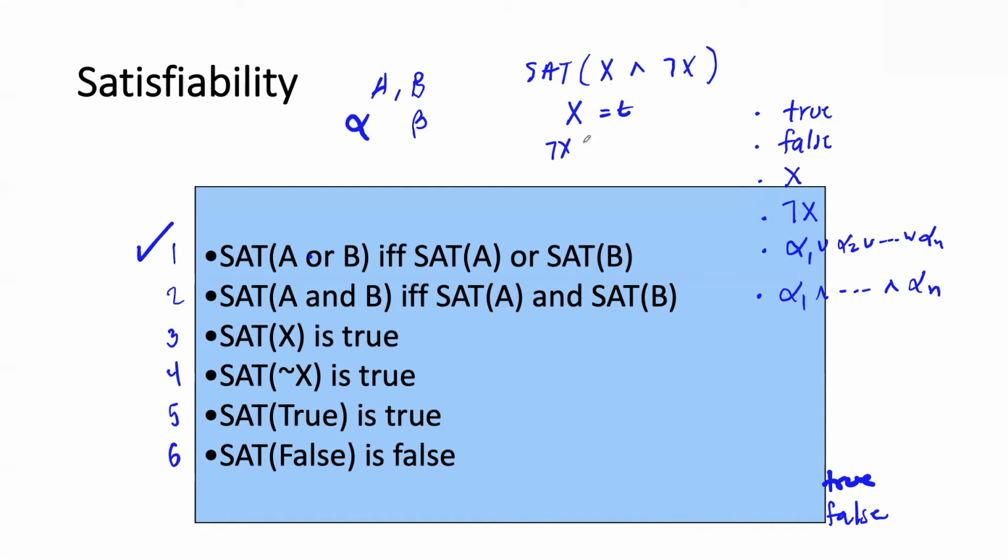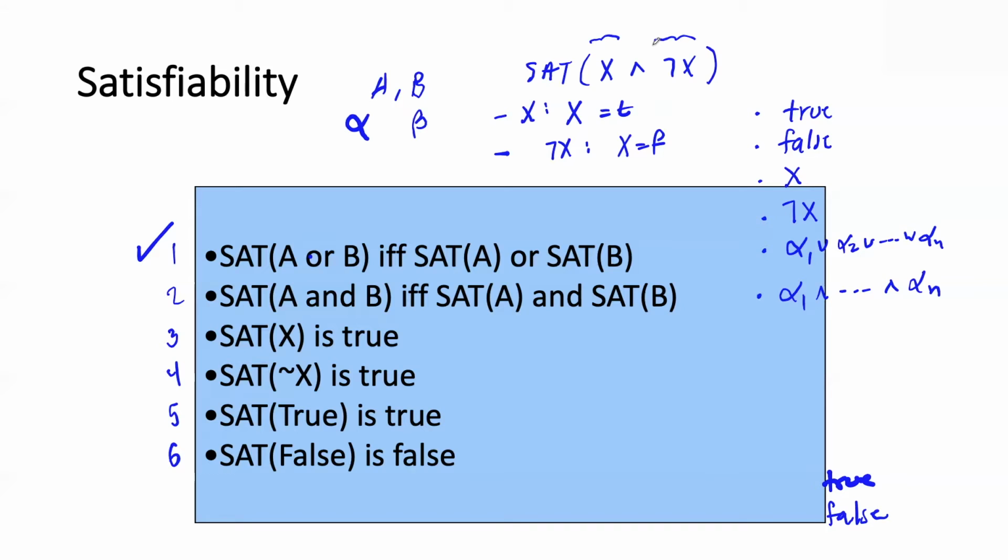And not x is also satisfiable because I can set x to false and I will satisfy it, right? The problem is in this case, even though x alone is satisfiable and not x is satisfiable, their conjunction is not satisfiable. And the problem is the way I satisfied x conflicts with the way I satisfied not x. So the solution I found to this part of the problem is incompatible with the solution I found to that part of the problem. That's why in general, number 2 does not hold.